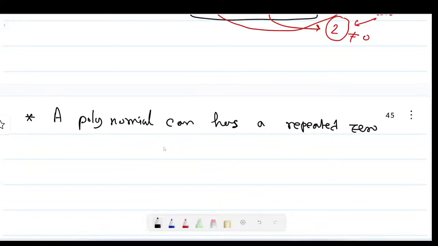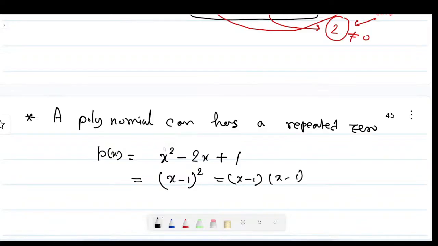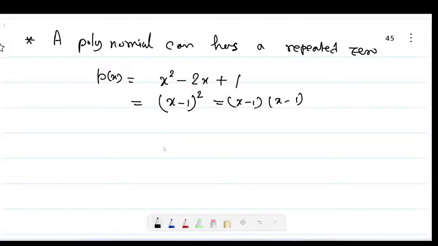As an example, if I take a polynomial like this, that is x square minus 2x plus 1, and this is a very familiar example, it is x minus 1 the whole square, that is x minus 1 and x minus 1. So our two zeros are 1 and 1. So here 1 is the repeated 0 of this polynomial.